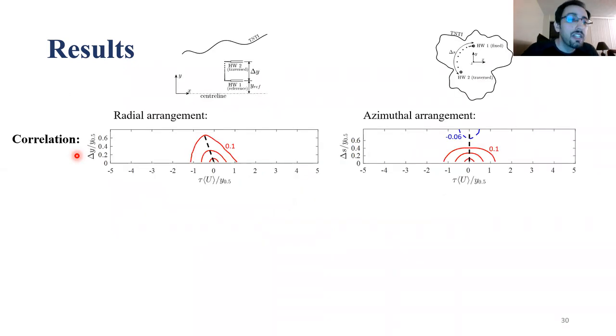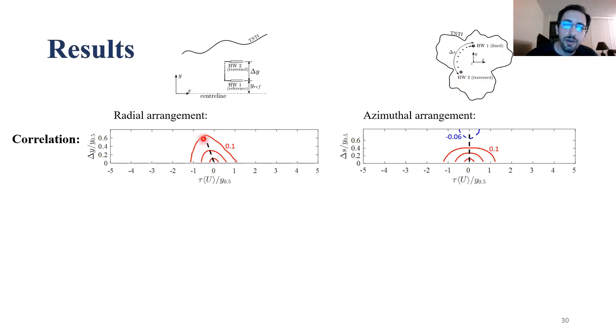And to do that, we use a correlation. First of all, before jumping into the filtered correlation, I look at the correlation from the raw signals. So here I'm showing two correlation maps. The first one is for the radial arrangement of the hot wires, and the second one on the right is for the azimuthal arrangement of the hot wires.